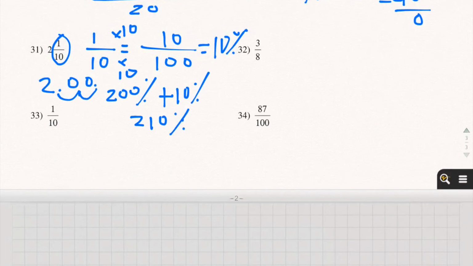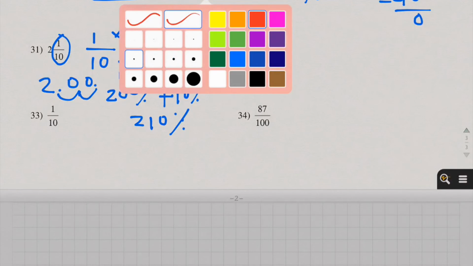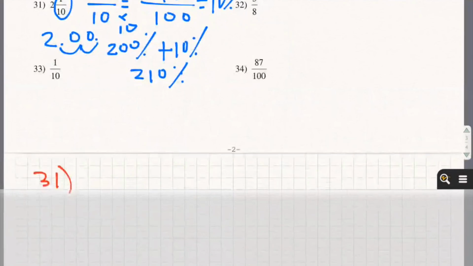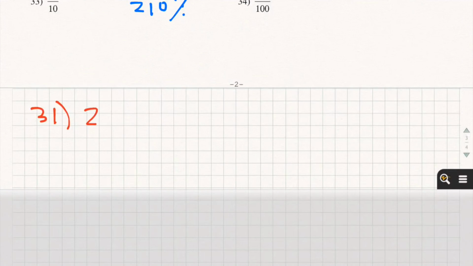Let me do a different method down below. So 31 is written as 2 1/10. We can convert this into a single fraction where we have 2 times 10 is 20 plus 1 is 21 over 10.